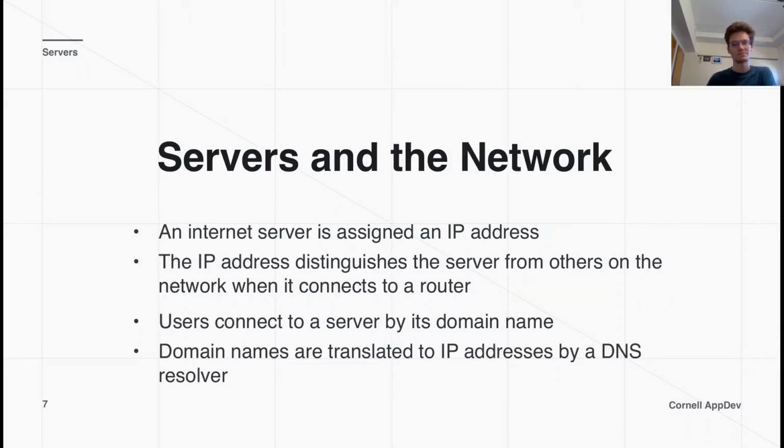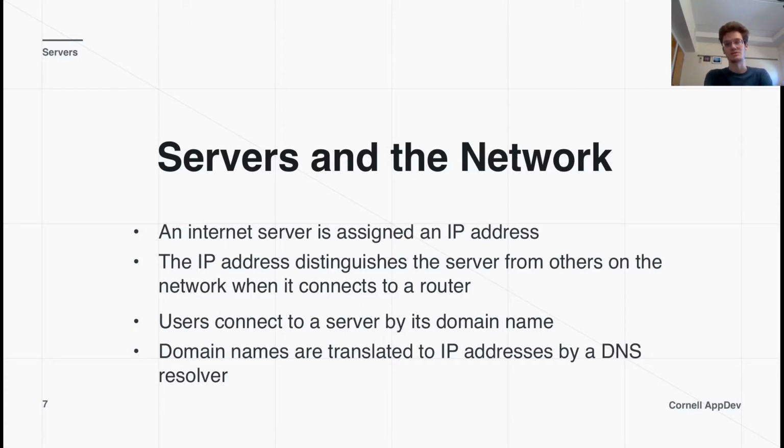So let's talk about servers and the network. A server on the internet is given an IP address. IP stands for Internet Protocol. This address distinguishes the server from other servers on the network while it's connected. Every IP address is unique. Users can also connect to servers. You may have noticed, we don't have to type IP addresses into our web browsers all the time.